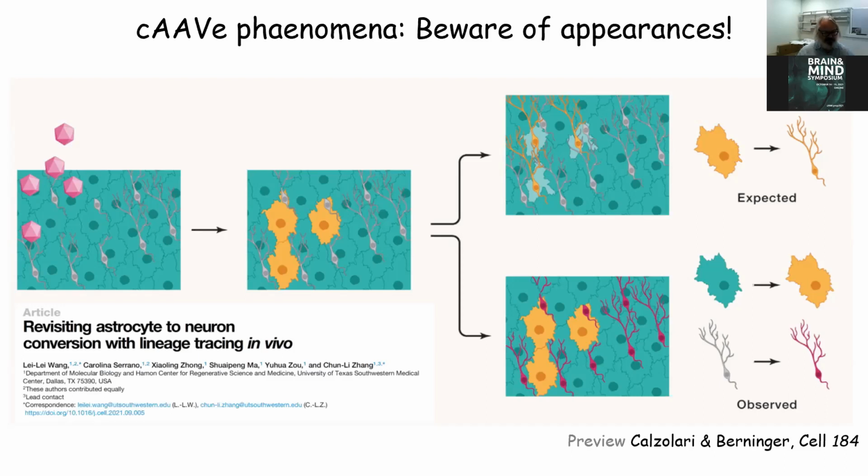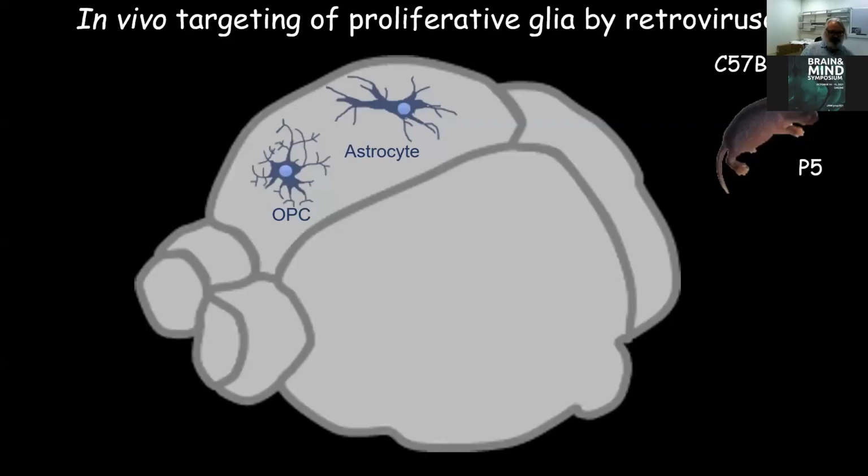I want to give you this as a background to our own attempts of reprogramming glial cells into neurons in vivo. The model that we use is maybe more humble than the adult cerebral cortex: it is the P5 cerebral cortex, because at this stage, glial cells such as astrocytes and oligodendrocyte progenitor cells are still highly proliferative, and you can target them with retroviruses like the Moloney murine leukemia virus, which only successfully transduce cells that are in proliferation.